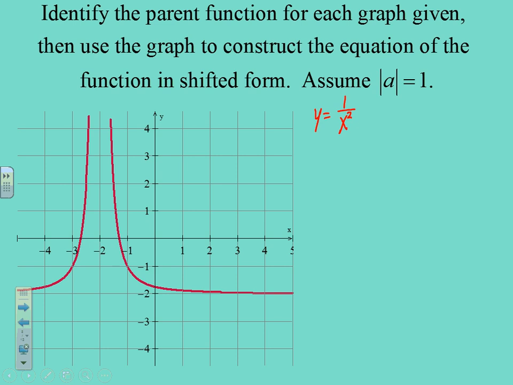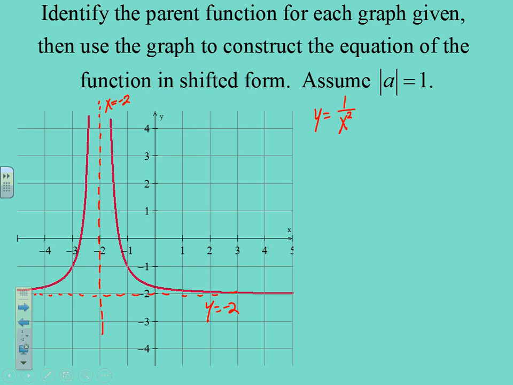So we want to know, okay, here's my vertical asymptote here at x is equal to -2, and I have a horizontal asymptote here at y is equal to -2.